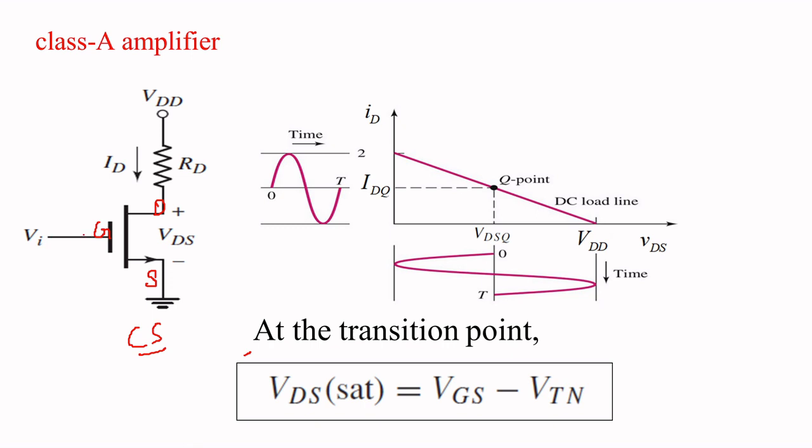At the gate you are applying VA. RD is your output resistor and the corresponding current is ID, and VDD is your DC supply voltage. When the input is 0, when I'm applying VA as 0, you will have the DC quiescent point, right?